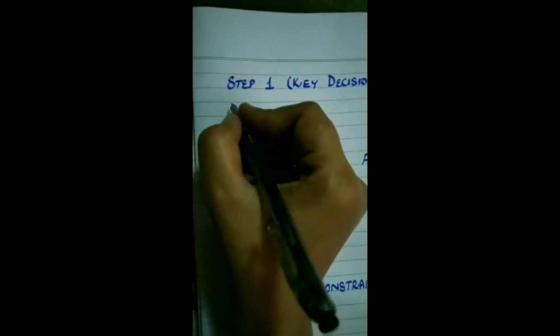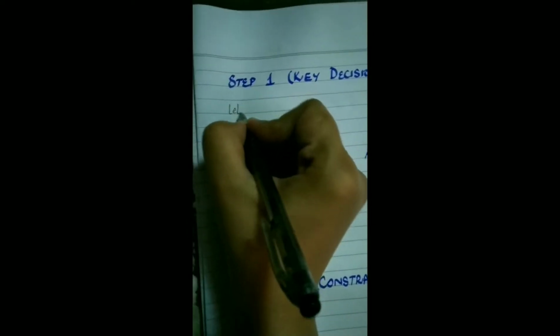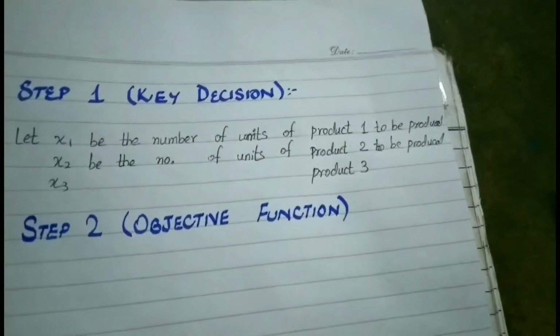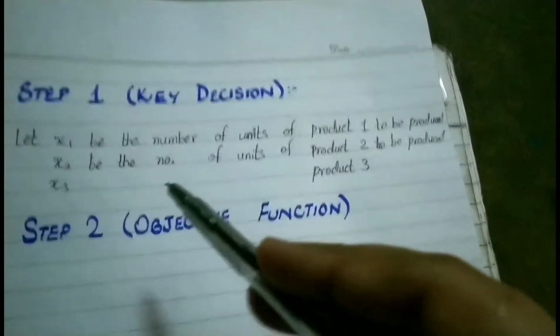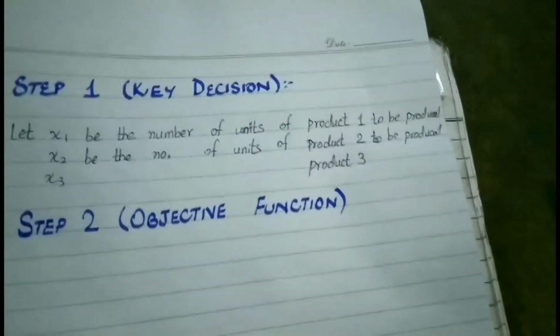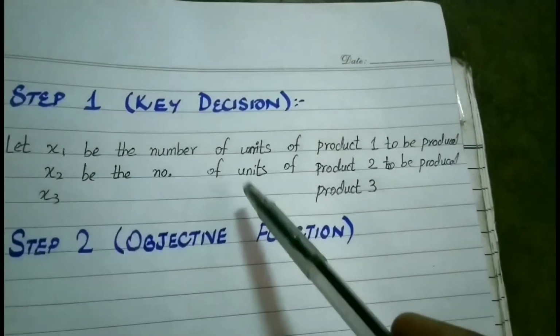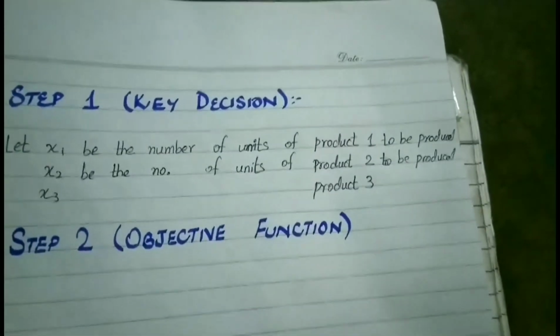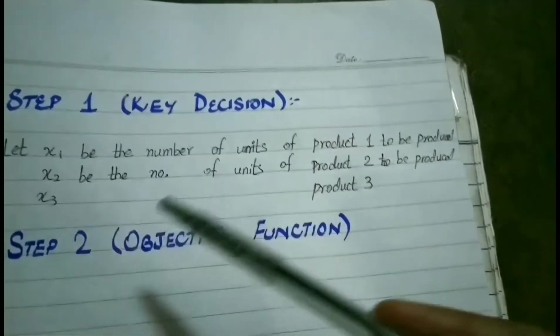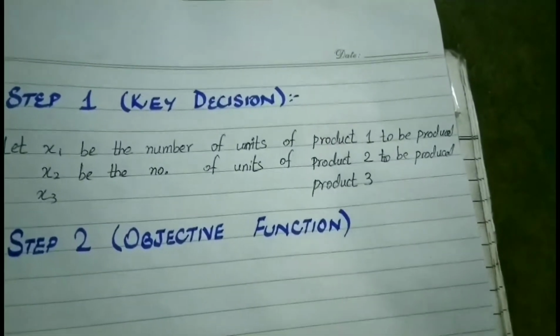So let x1, x2 and x3 be the decision variables. X1 is the number of units of product 1 to be produced, x2 is the number of units of product 2 to be produced, and x3 is the number of units of product 3 to be produced.